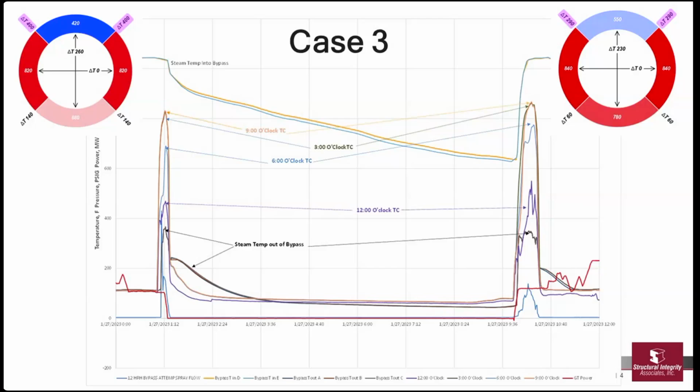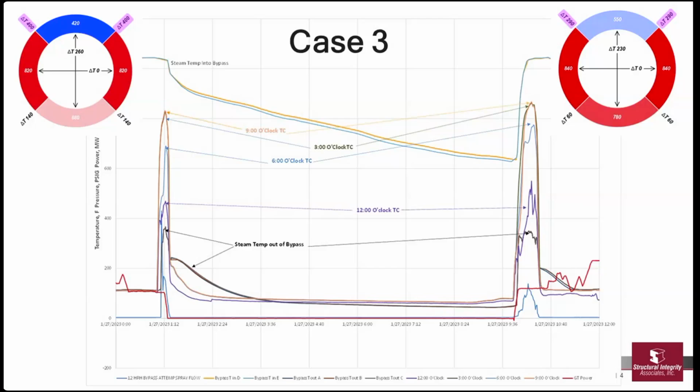Originally, when we started doing this, we were just putting top and bottom thermocouples on, and we added the thermocouples at the quarter points. It shows that if you only put them on the top and bottom, you're often going to miss most of the worst temperature variations around the pipe.